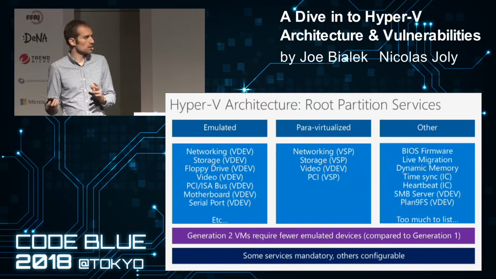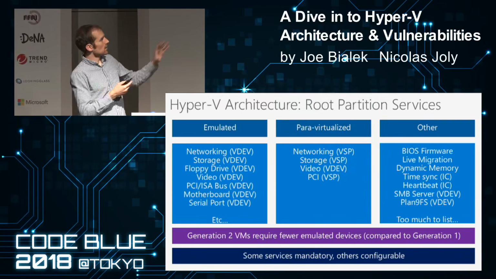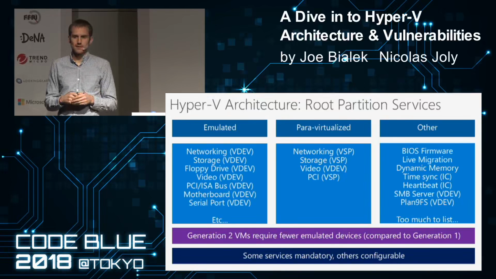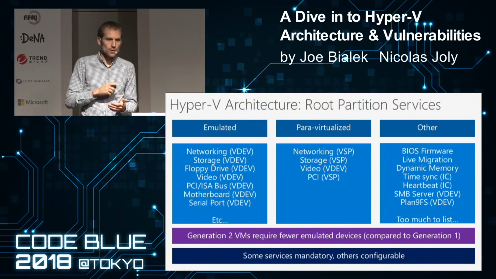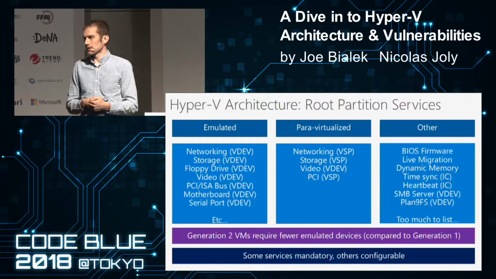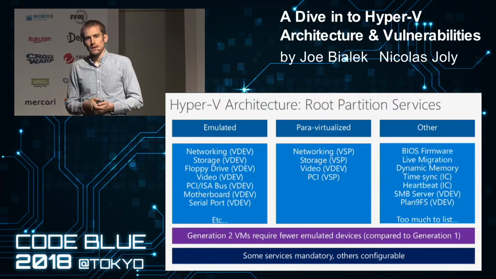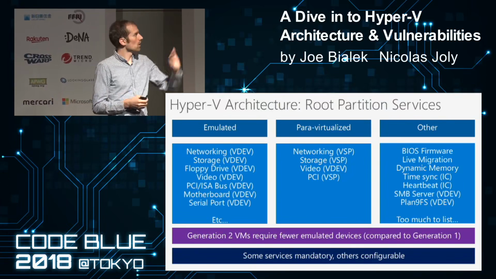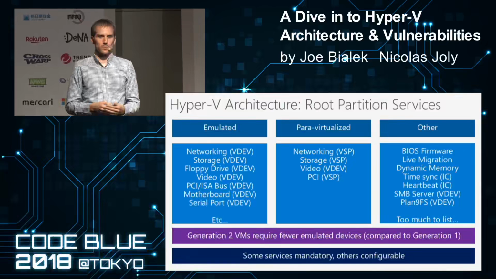That brings me to my next point, which is that while we have a lot of different services and pieces of functionality that can be exposed to the guests, they're not always available. Some of this stuff depends on how the virtual machine is configured. So for example, if you're running a Generation 1 virtual machine, you'll have all of these emulated devices exposed.